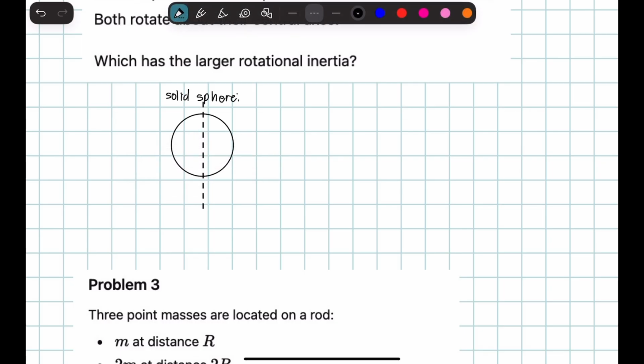And then let's say we have the hoop, which is going to be like this.